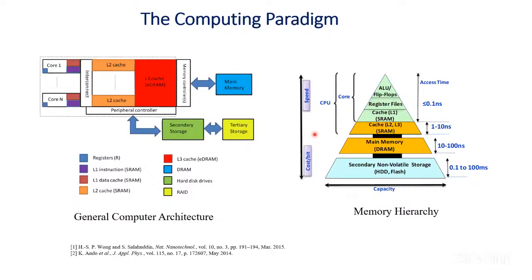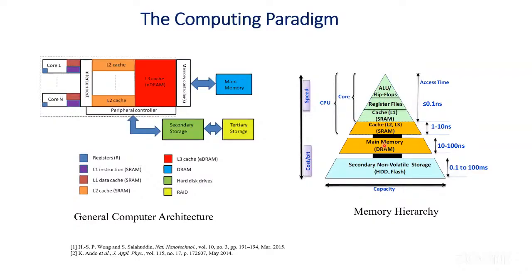We involve the slower memories because there are two things that are important here. One is non-volatility. Except the secondary storage, all other memories, in this upper part of the pyramid, are volatile in nature.